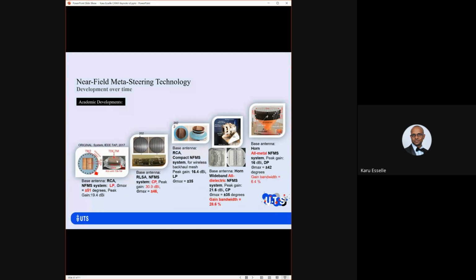We have designed and prototyped a large number of antennas like this. This was our first paper. It's a resonant cavity antenna and a near field meta-steering system. It's linearly polarized.